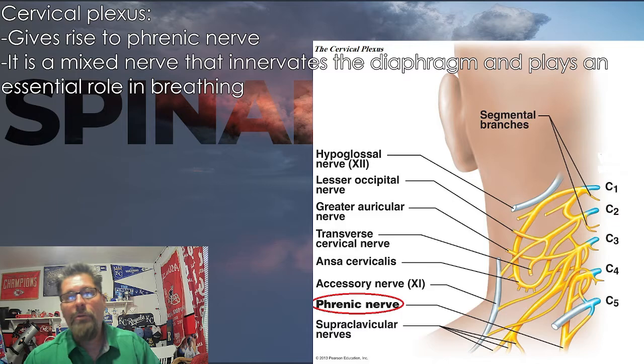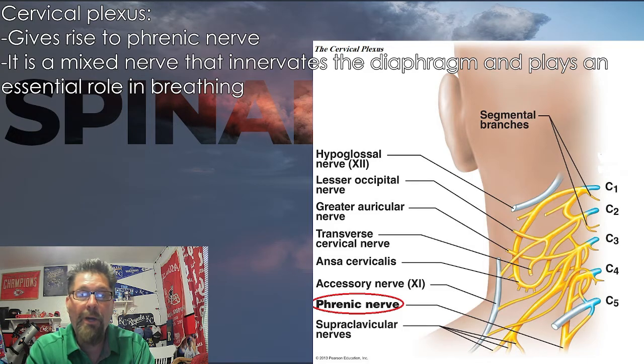Alright, so we'll start with the cervical plexus. The cervical plexus is in the neck, and you saw on the last screen that it supplies the needed nerves for the arms and things like that.